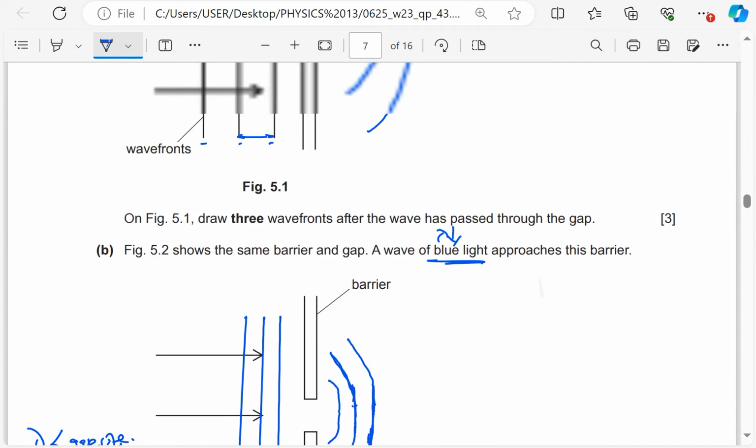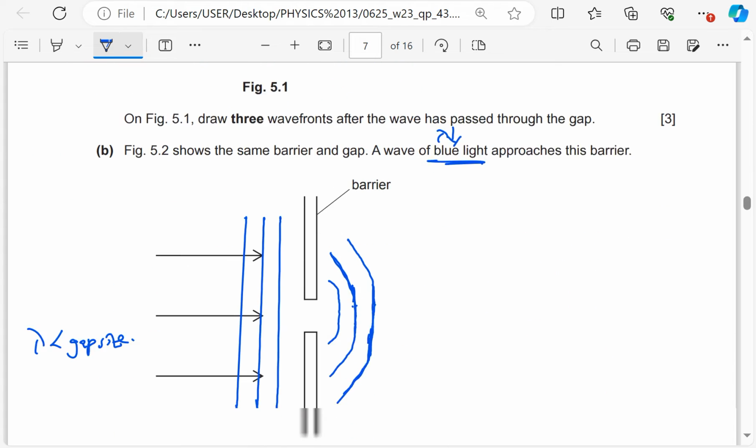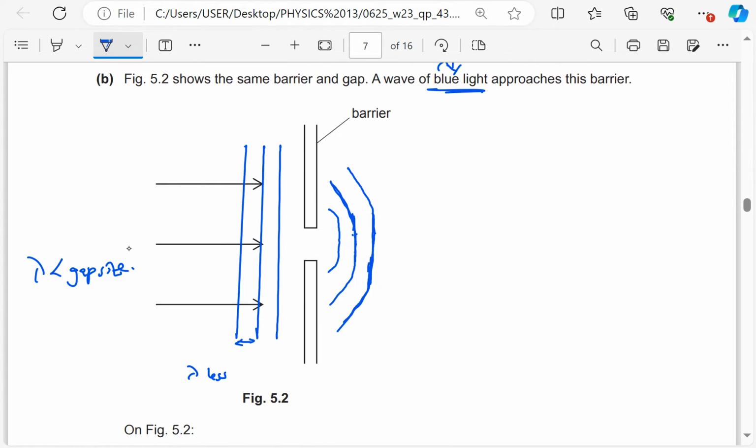So compare these two. Here you have a full curvature where you can even use a compass. Here you cannot use a compass because the bending is only at the edges. Please ensure that the distance between the wavefronts remains the same. I may not be very accurate on my computer, but you can always measure the distance.